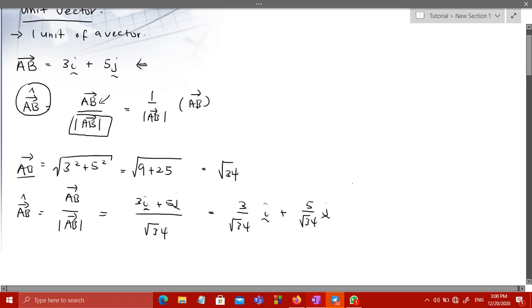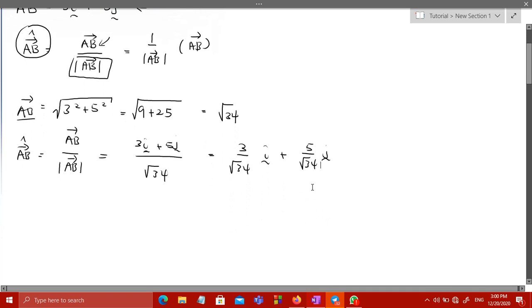So actually you can rationalize the fraction like this, and you can also have this as your final answer, but I want to rationalize it to be 3 root 34 divided by 34. So basically you just multiply root 34 top and bottom, plus 5 root 34 divided by 34.